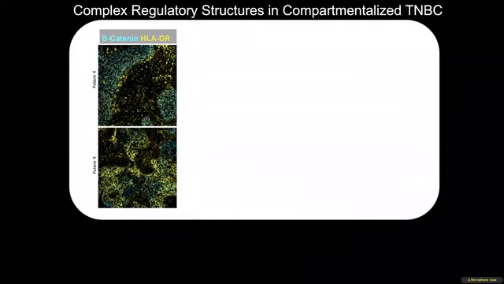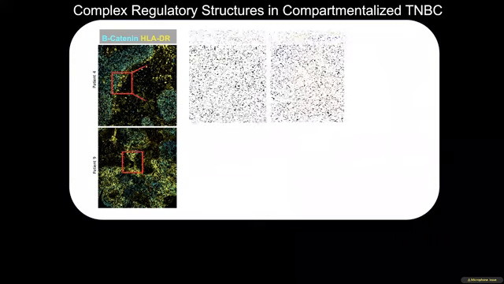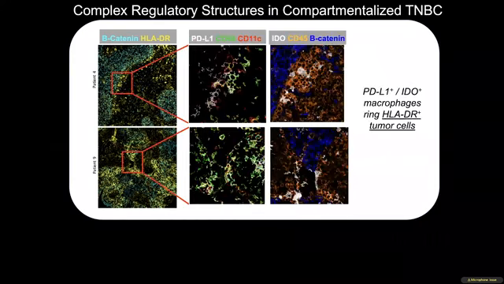So to focus in on the compartmentalized ones a little bit more closely, the other thing that we found was that the regulatory aspects of this, namely these PD-L1 positive immune cell populations, were heavily enriched near the tumor border. We found these populations of myeloid cells that were PD-L1 positive, 11C positive, IDO positive, and that these cells in compartmentalized tumors were particularly enriched along the tumor immune border.